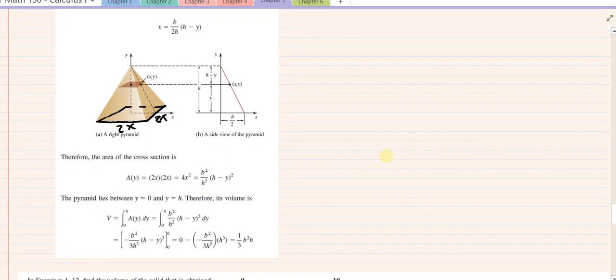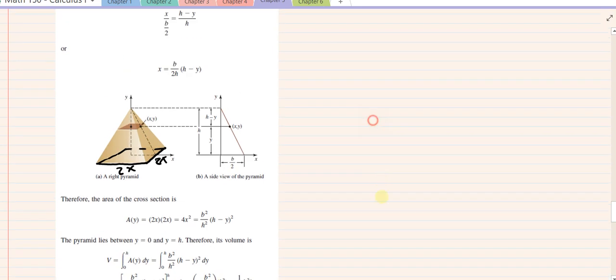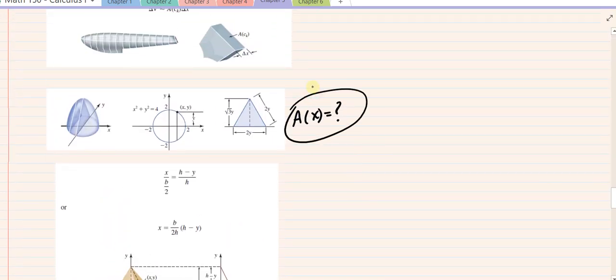Now, we need to find the area as a function of y in this case. I know I have area as a function of x when the cross sections are perpendicular to the x-axis.